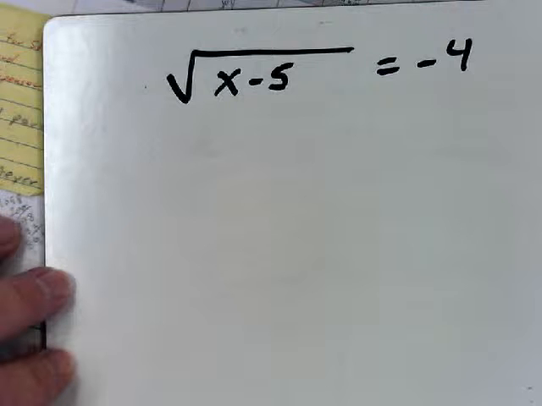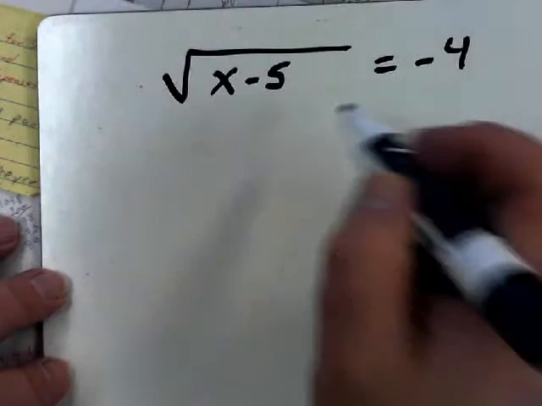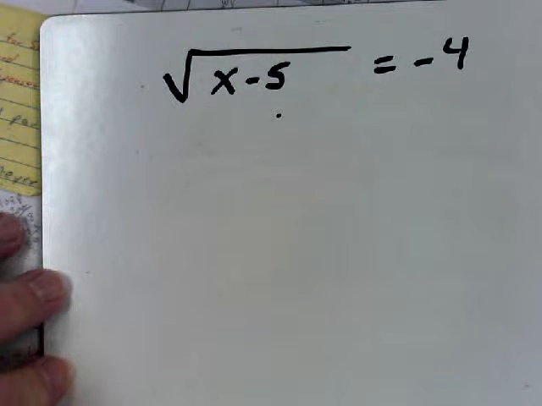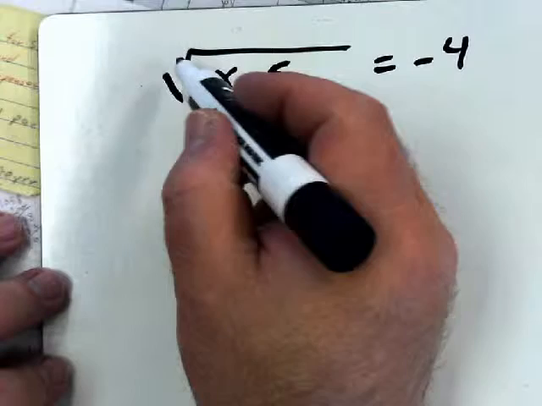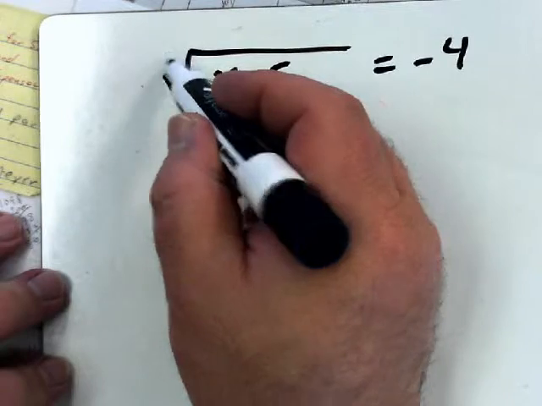Get the radical by itself, or isolate it, right? If I look at this particular problem, is the radical by itself? So if the radical is by itself, what was the second step that we do? Look at the index, and in this case it's a 2, isn't it? Because there's nothing mentioned there.